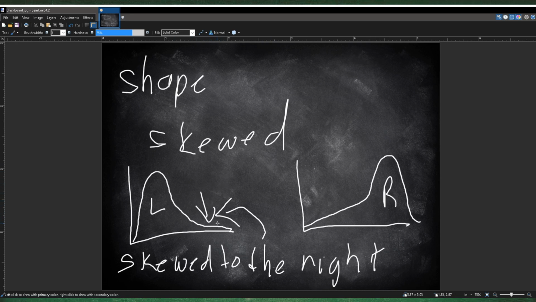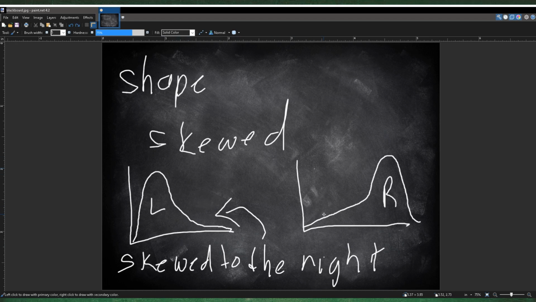How you name this is really simple. You just look for where the tail is. This thing right here is referred to as the tail, and the same here, this would be the tail. From the tail, wherever it's going is how you name it. Since the tail of this graph is going to the right, you call it skewed to the right.